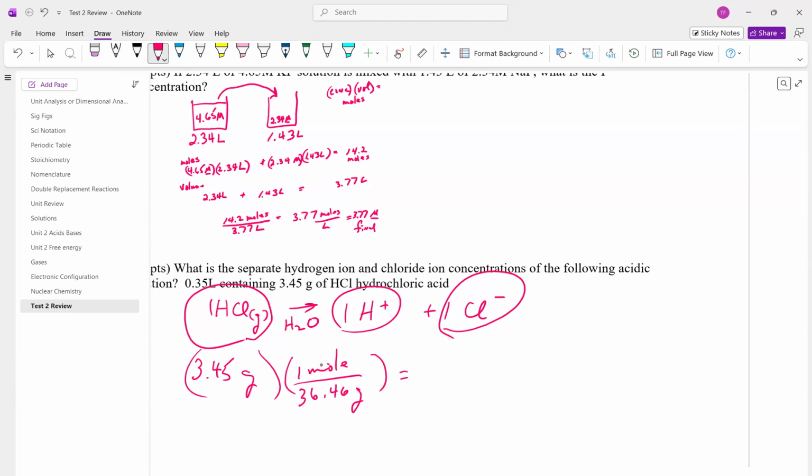Okay, so that'll give us a concentration of HCl. And that's also the concentration of H and the concentration of chloride, because it's 1 to 1 to 1.